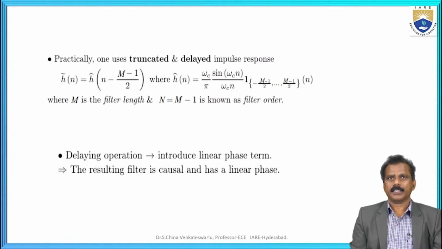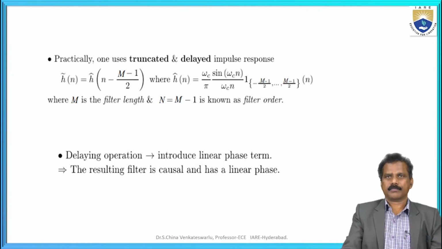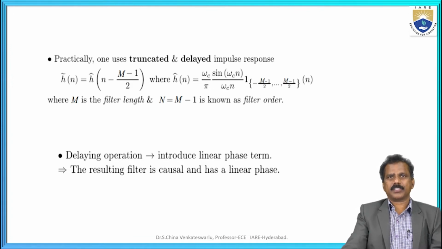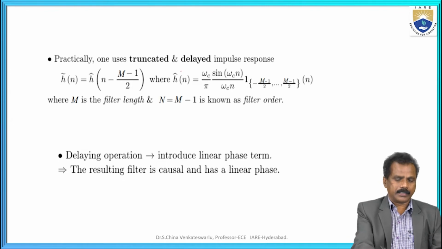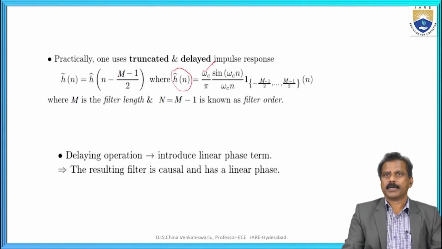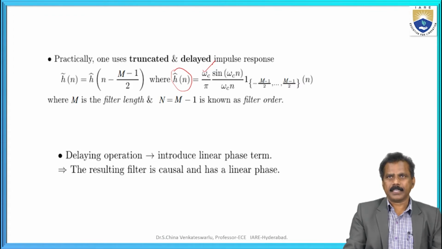So practically, one uses truncated and delayed impulse responses. It is followed by h cap of n equal to h cap of n minus (M minus 1) by 2, where we know that h cap of n is nothing but omega c by pi into sine of omega c n by omega c n.